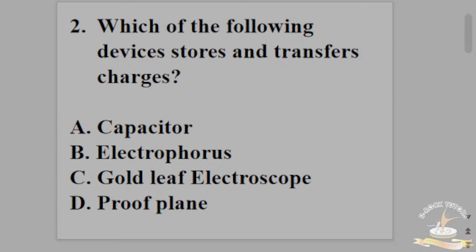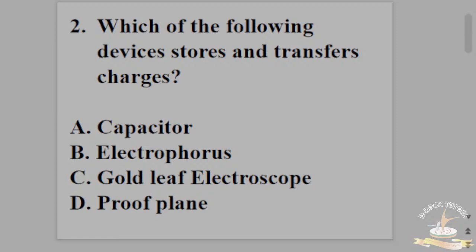So if a gold leaf electroscope is positively charged and you bring an uncharged body near the cap, the divergence will also decrease. It's as if you are bringing an opposite charge near it. So the correct answer for this will be option C.